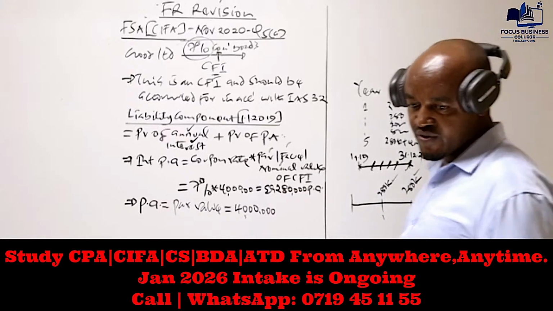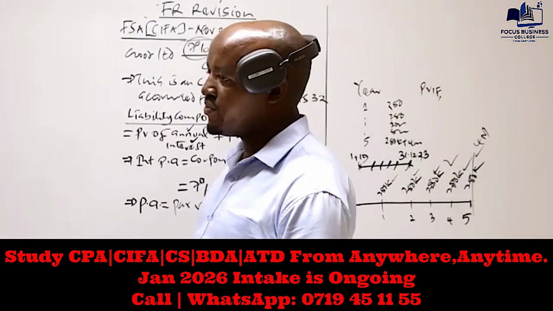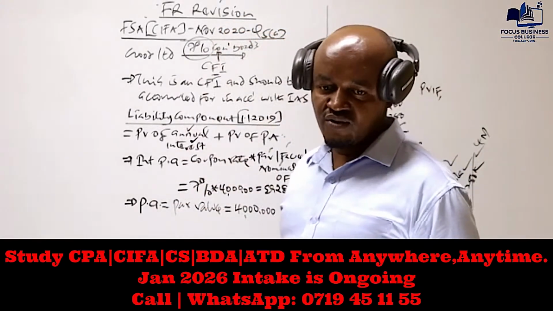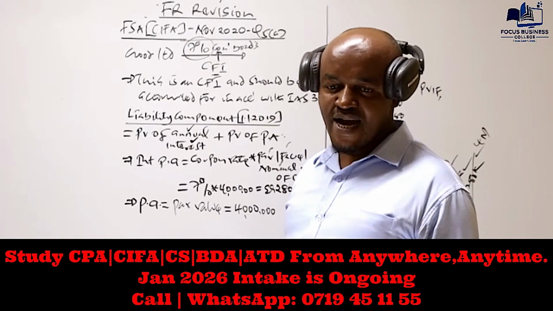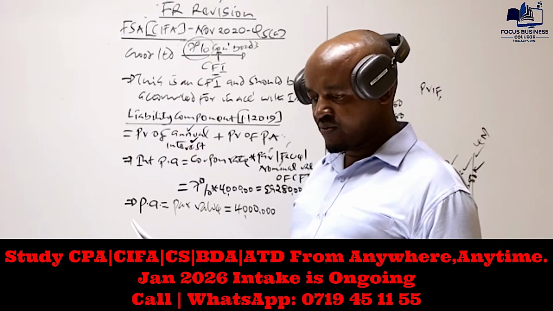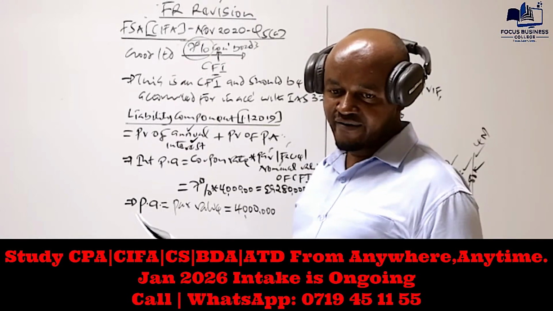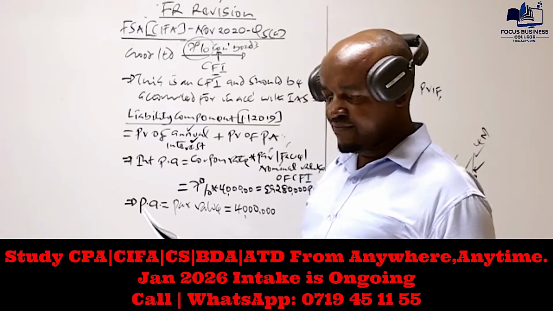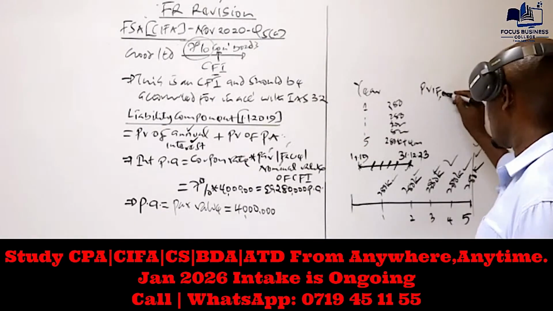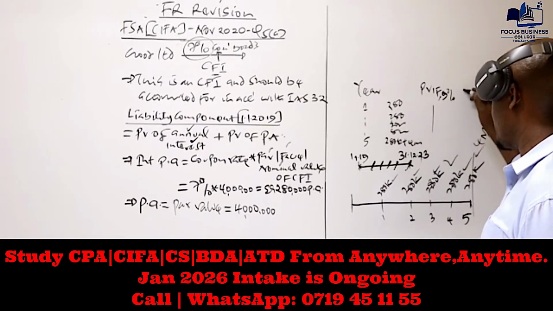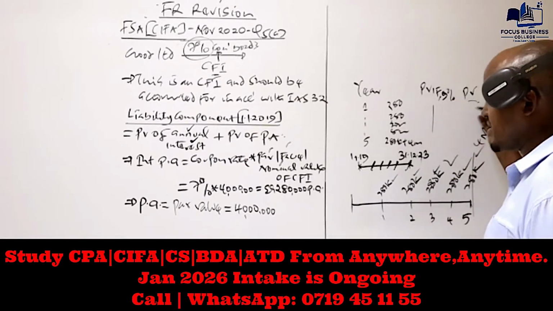Which rate do we use in discounting? Do we use this 7%? No. In discounting, we use another rate known as the effective interest rate or the market interest rate. I hope you can see that within the last paragraph. We are given the prevailing market interest rate of 9%. So at the rate of 9%, you multiply and get the present values.